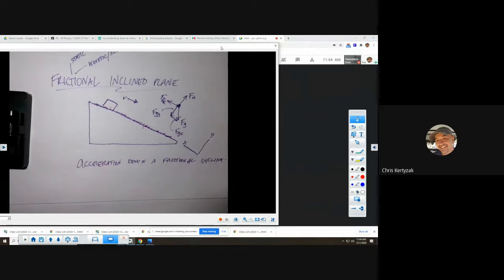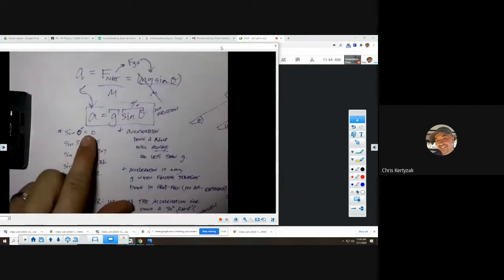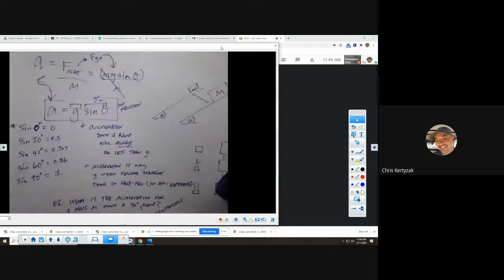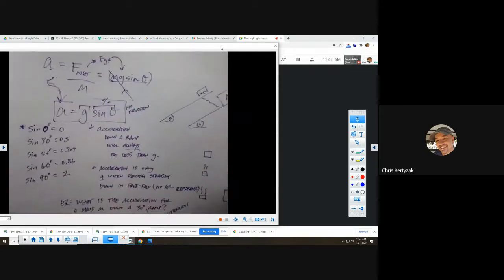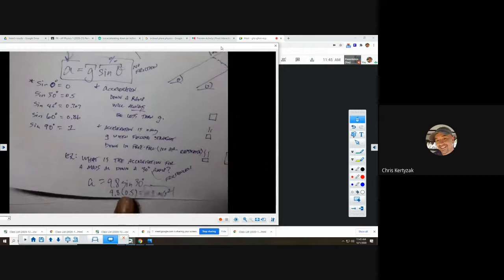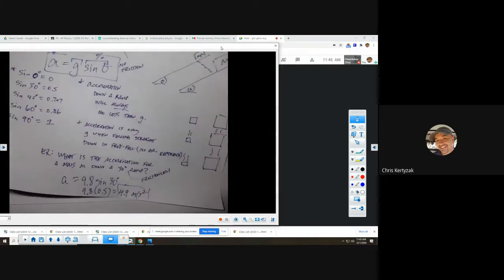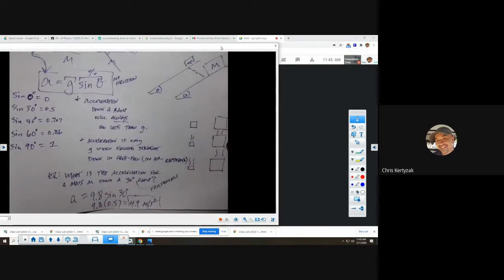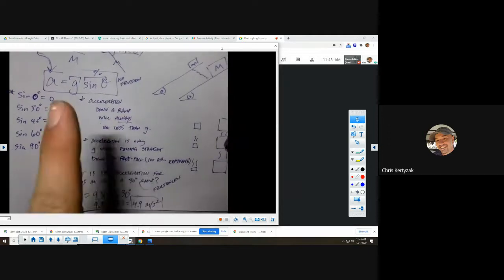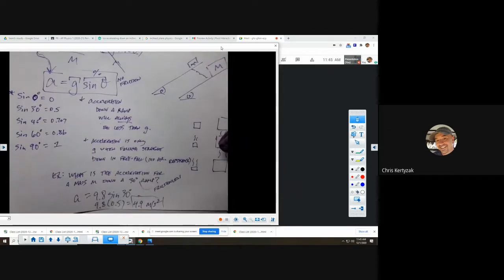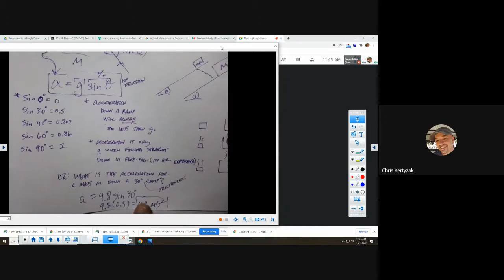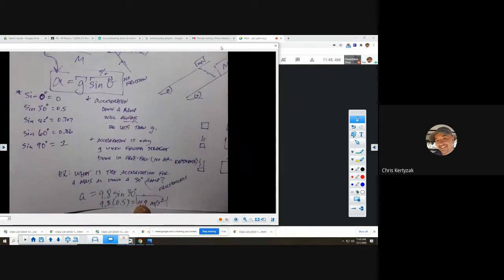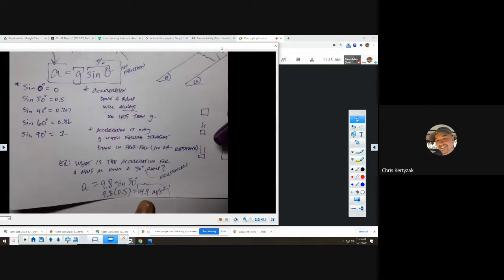Well, in the previous lesson, we determined that the acceleration down a frictionless incline was g sine theta in amount. An example I gave was 4.9. If this same 30-degree ramp had friction on it, do we think that the acceleration as it slides down this rough frictional surface would still be 4.9 meters per second squared, less than 4.9 meters per second squared, or greater than 4.9 meters per second squared, and why?